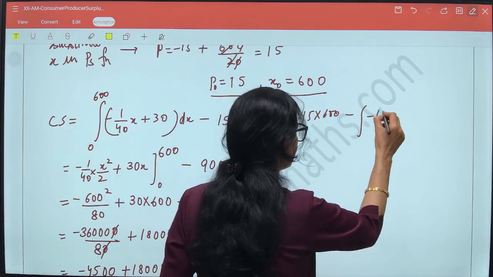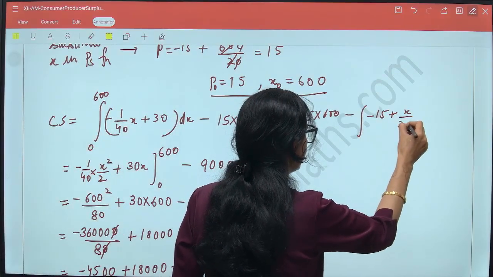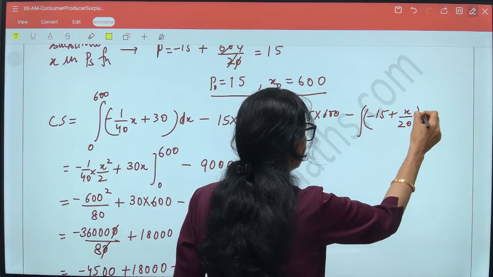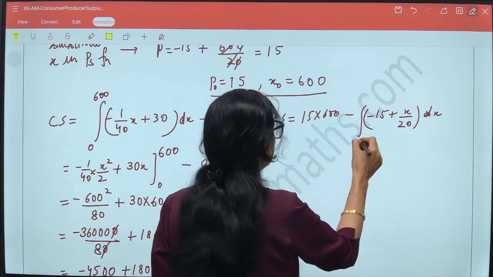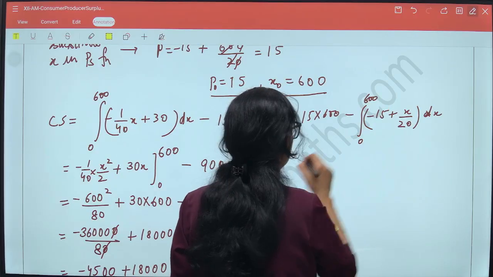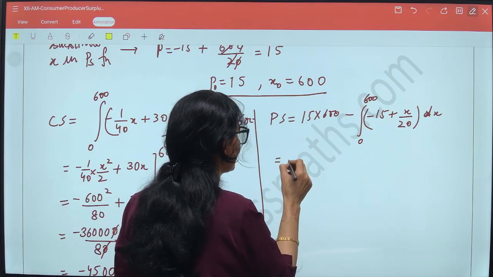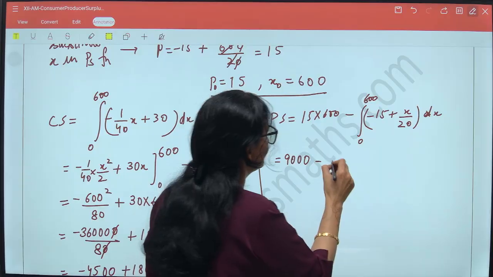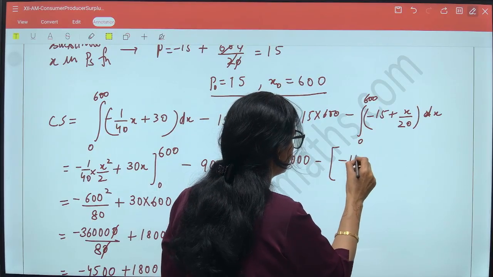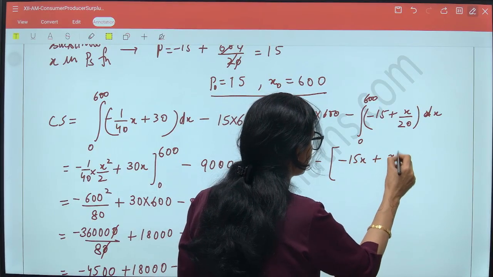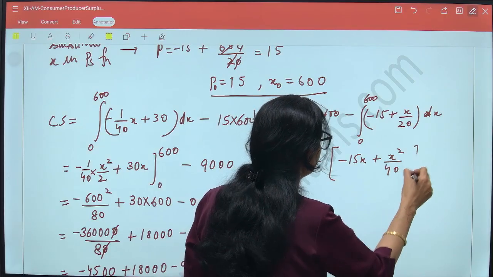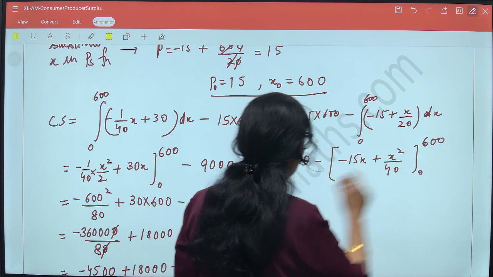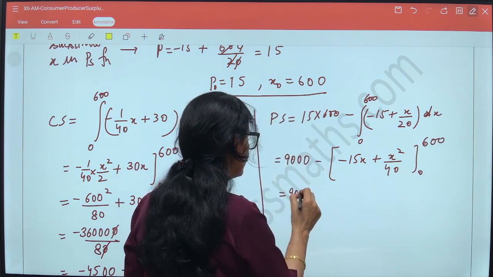So it is minus 15 plus x by 20 x dx, and the limits are 0 to 600. So 15 into 600 is 9,000 minus integral is minus 15x plus x square by 40, and the limits are 0 to 600. Just do these calculations.